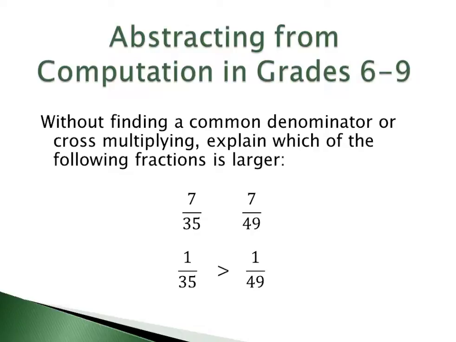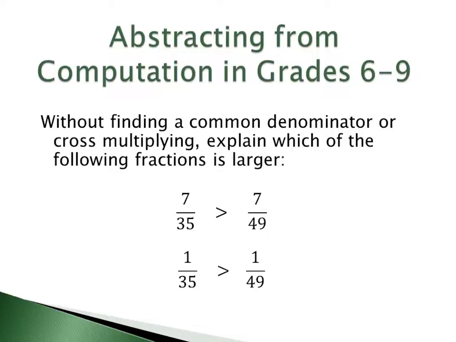One way to solve this problem is to compare the unit fractions that form them. One can reason that 1/35th is larger than 1/49th, because if we cut a cake into 35 equal pieces, the pieces would be larger than if we cut the same cake into 49 equal pieces.